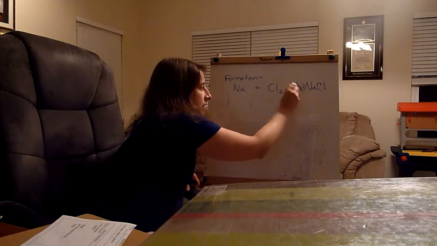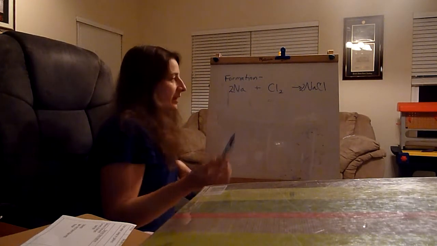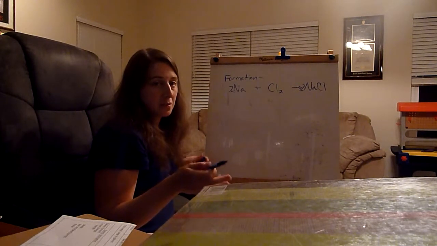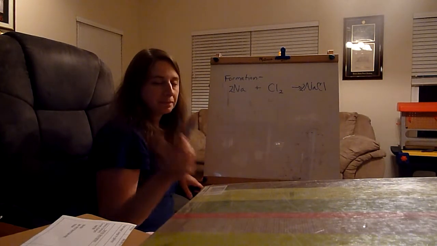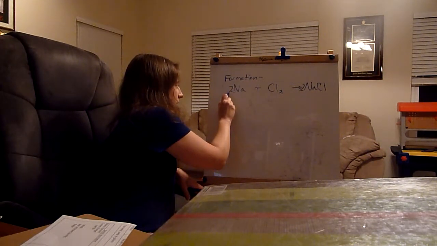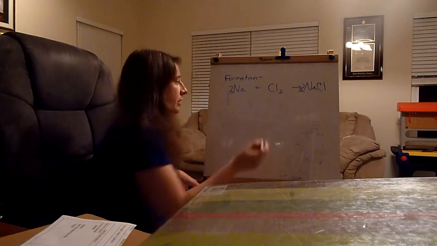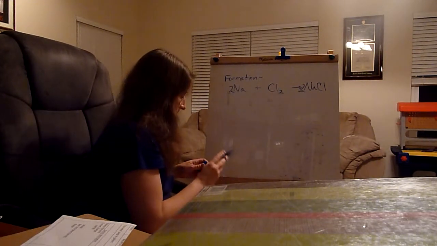If we do this, chlorine is now balanced, sodium's not balanced. If we do this, then the equation is balanced at this point. Formation reaction, taking elements, forming a compound. And our coefficients here are the only things we can change when we balance an equation. We're not allowed to change the subscripts here at all.